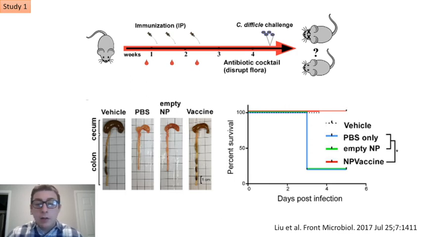And like I said, the vaccinated mice were able to survive this C. diff infection. This was a great result in our eyes, and this was continued upon in the following study.